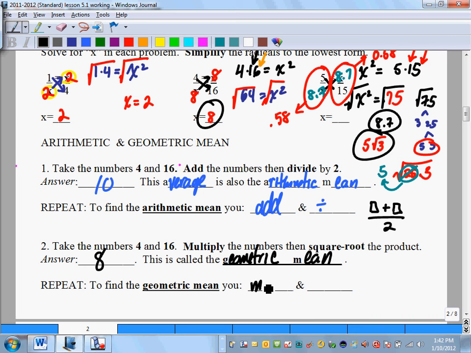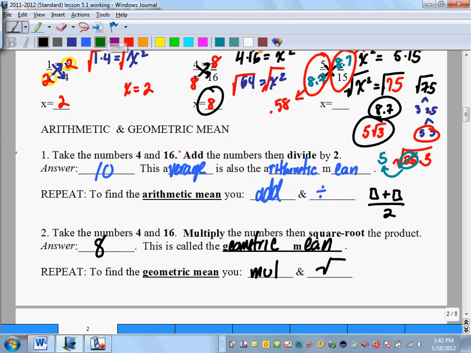To do this, you multiply and then you take the square root. That gets you the geometric mean.